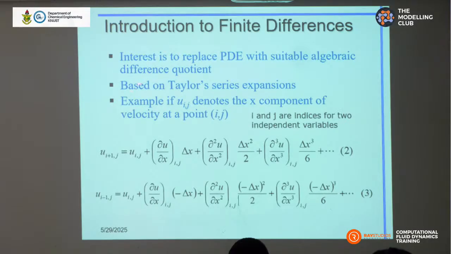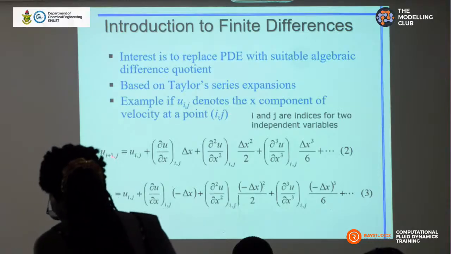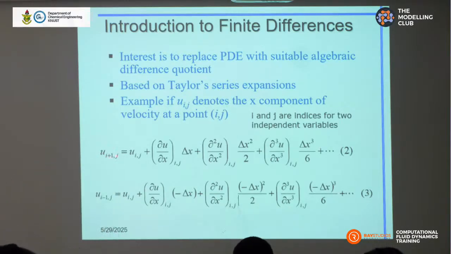Our interest is to replace the partial differential equation with a suitable algebraic difference quotient based on the Taylor series expansions. So, for example, if u sub i j denotes the x component of the velocity at a point, then we can expand for u sub i plus 1, j as u of i j plus du with respect to x times delta x, because 1 factorial is just 1, right?